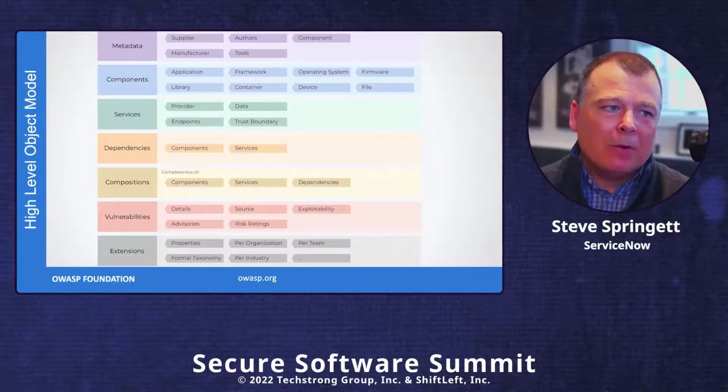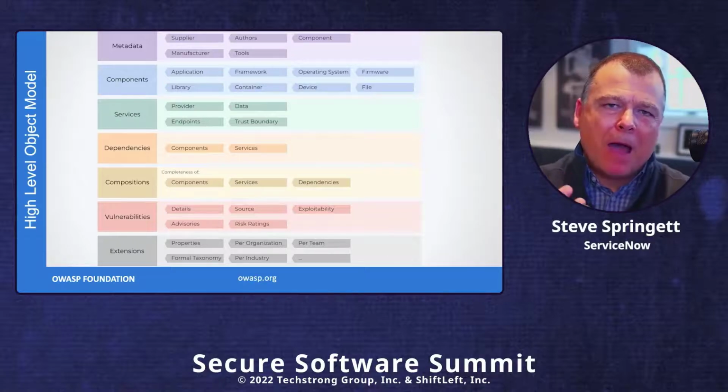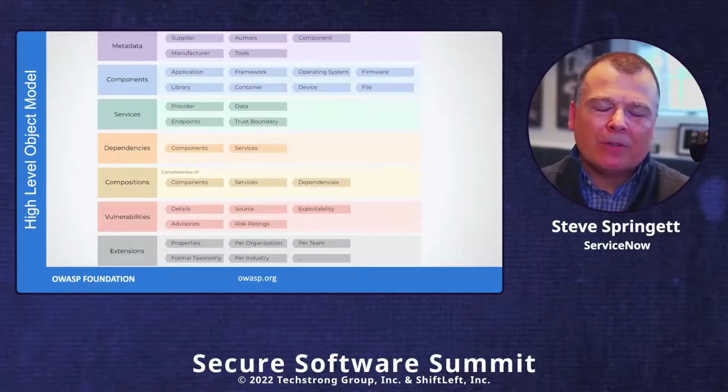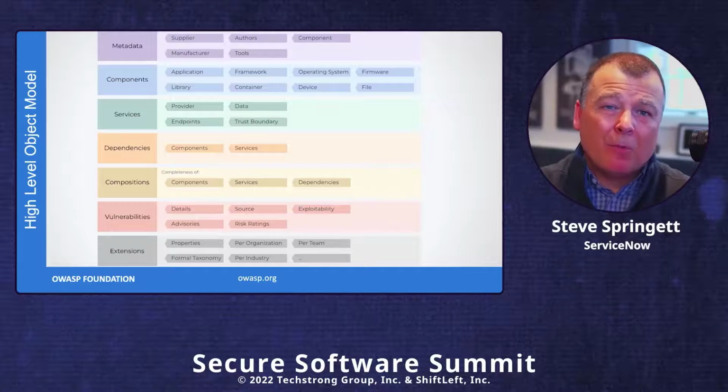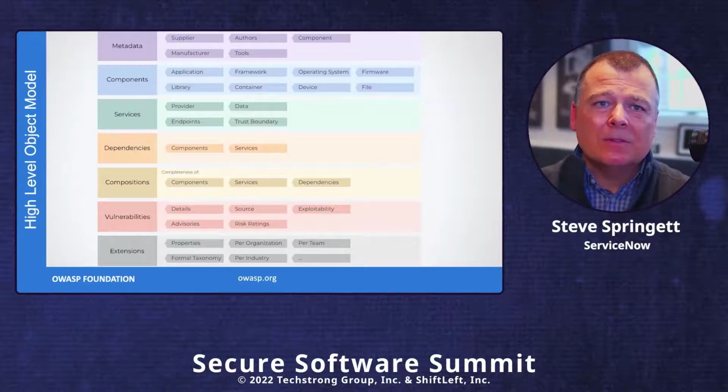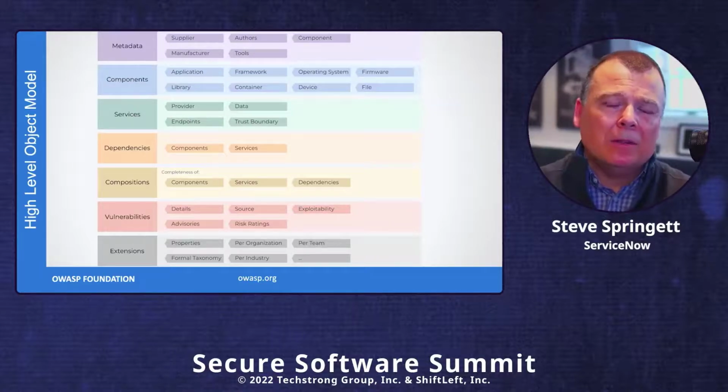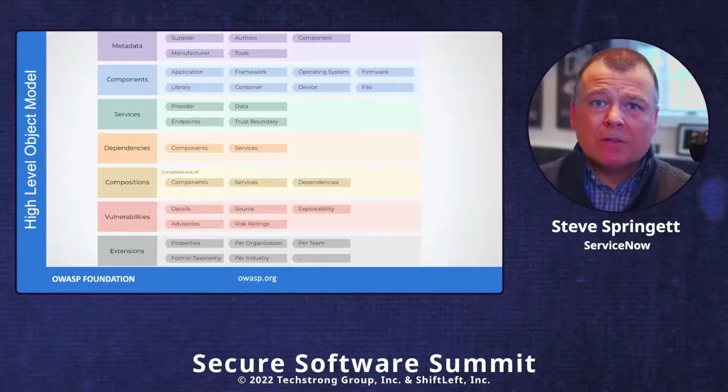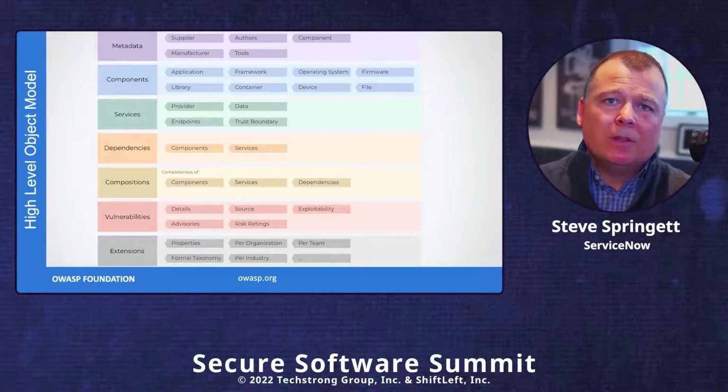If you look at the components, right, there's a lot of different components that we can describe, from applications and libraries and frameworks to operating systems, firmware, and even hardware devices, right? So Cyclone DX can handle a lot of different use cases. Services, because again, software doesn't live in a vacuum, right?